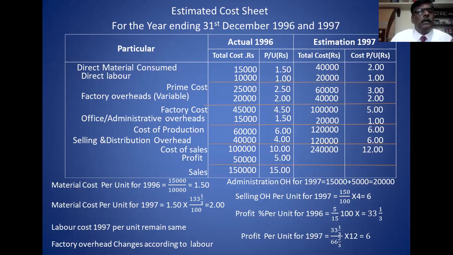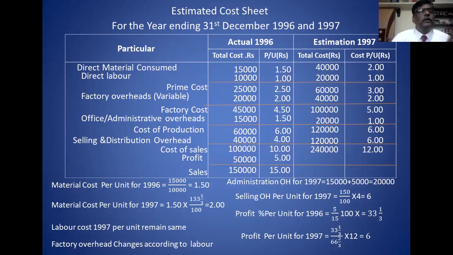Already I have explained that I have knowledge regarding the multiples. 33 integer 1 by 3, 1s are 33 integer 1 by 3. 2s are 66 integer 2 by 3. 3s are 100.